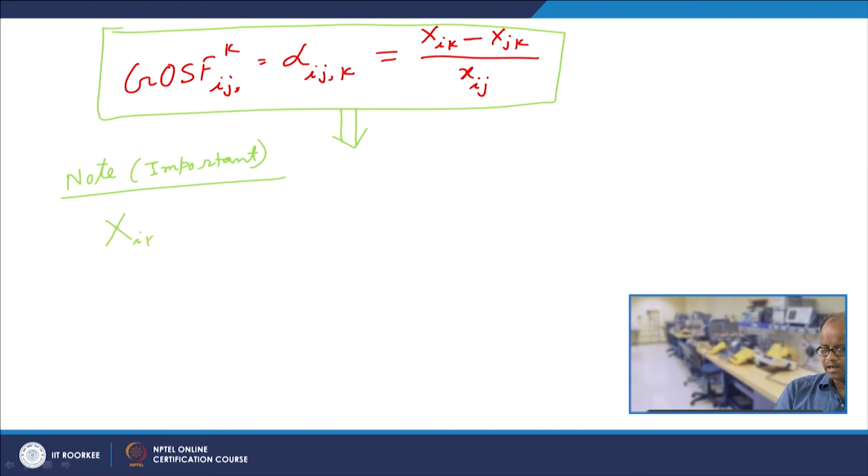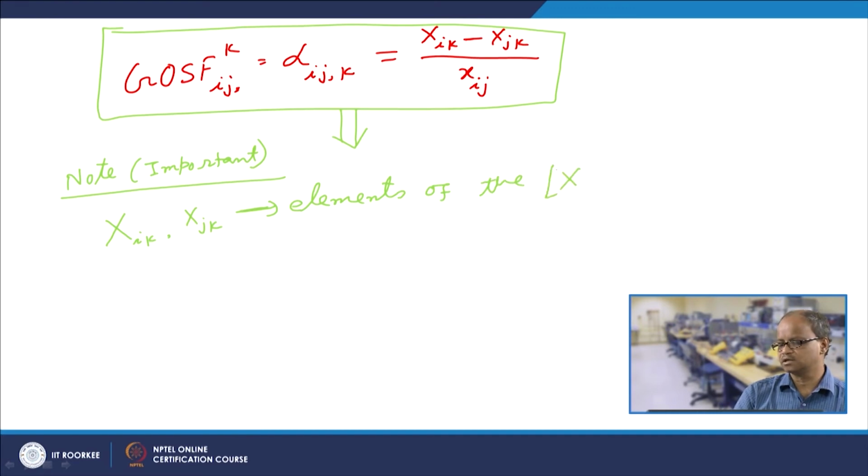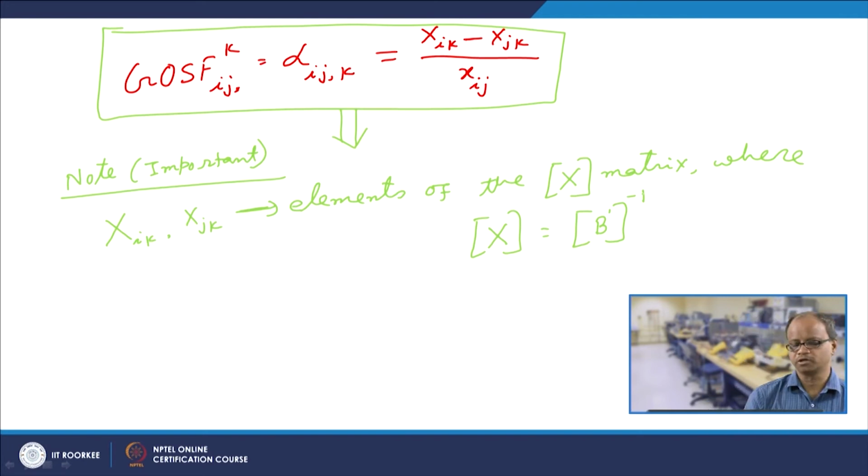Capital X I k and capital X j k are the elements of the X matrix, where X matrix is nothing but the inverse of the B dash matrix. It's very important. And please note, this is capital X I j and this is small x ij.